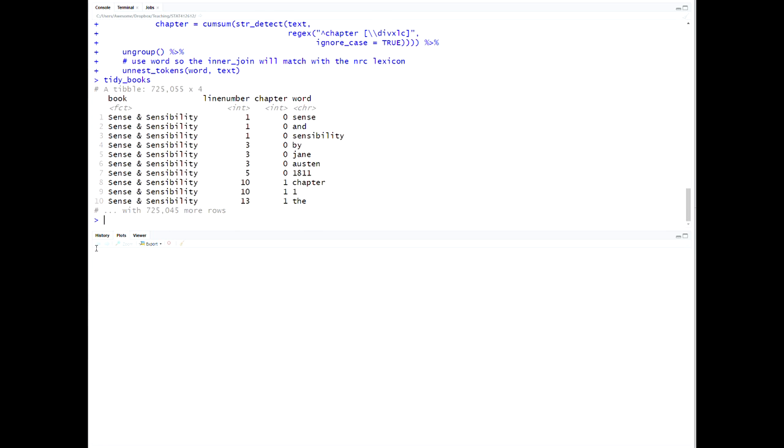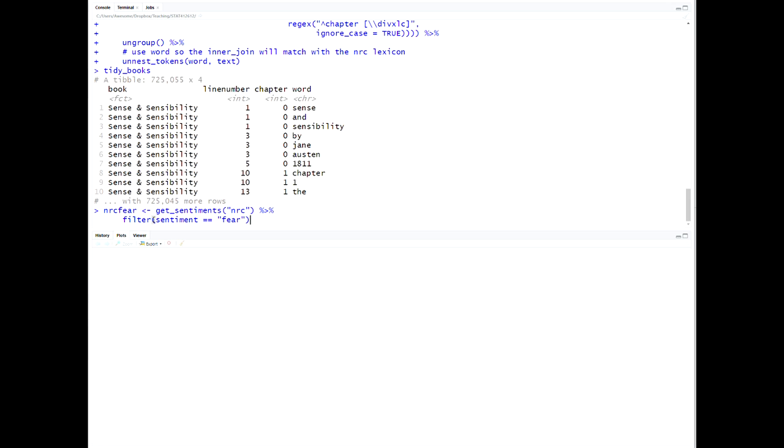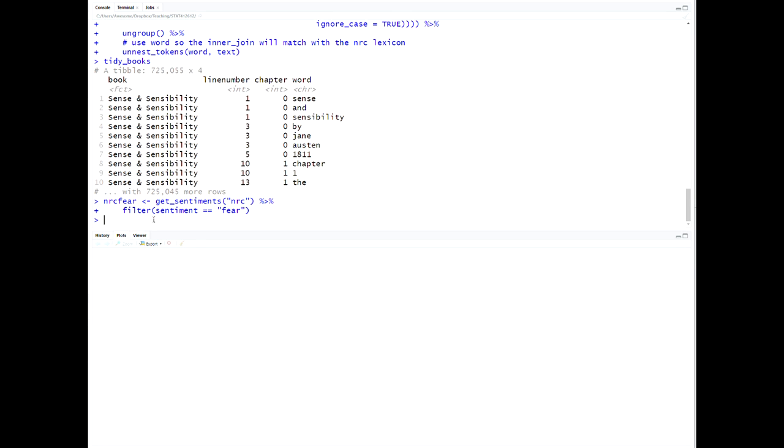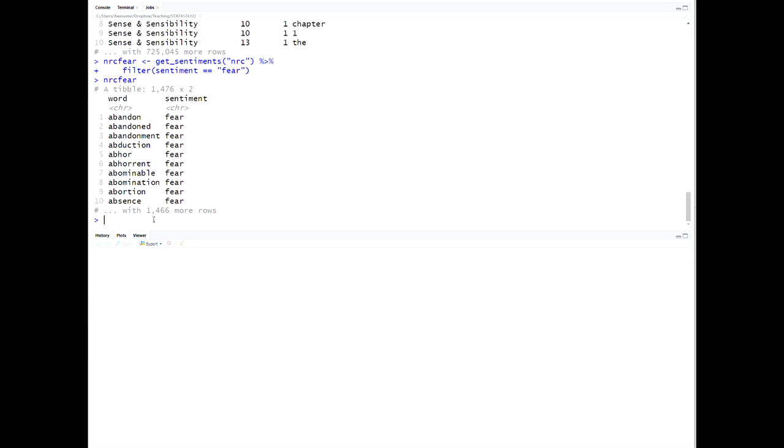So now we are going to look and find all of the fear words. I am going to get the sentiments from NRC, and I'm going to filter the ones that are associated with fear. So now I have the ones that are in NRC fear.